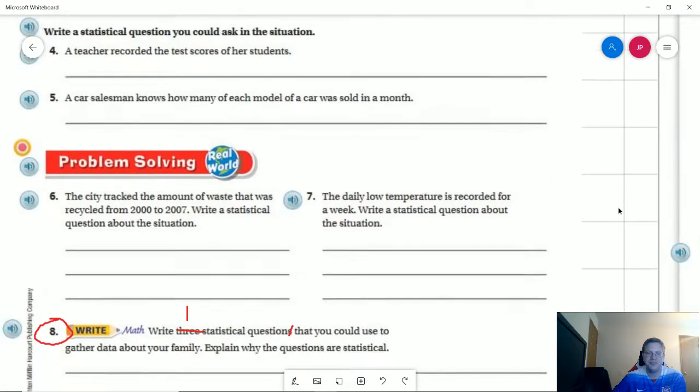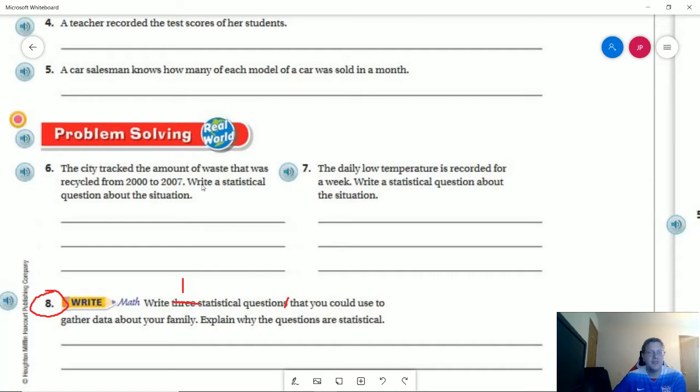Number six, the city tracked the amount of waste that was recycled from 2000 to 2007. Write a statistical question about the situation. What type of recycled material was collected the most each year? That would be a question, and that could have 7 different answers, or sorry, 8 different answers, if we count 2000 as its own year.